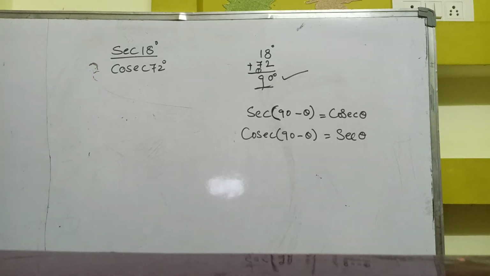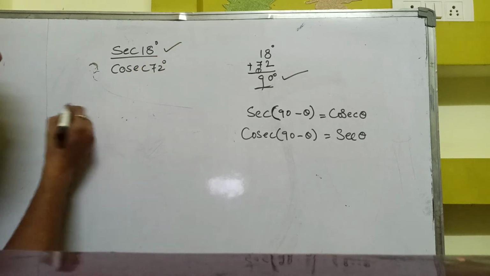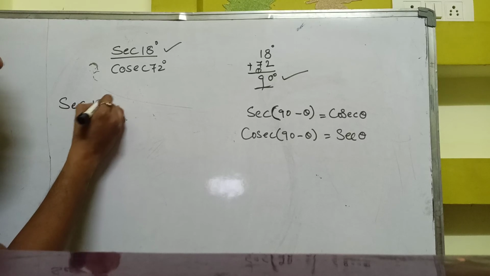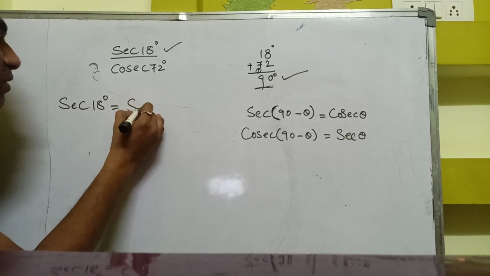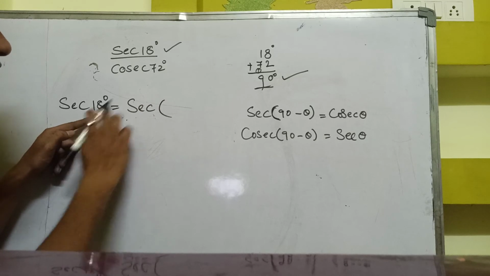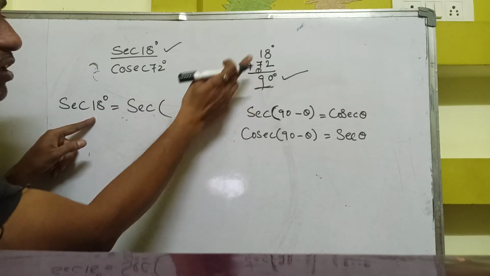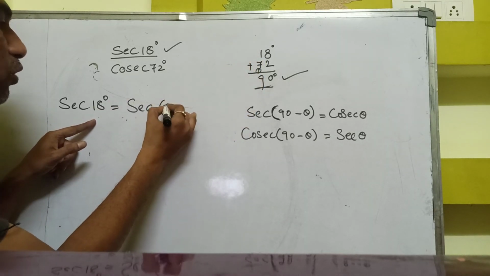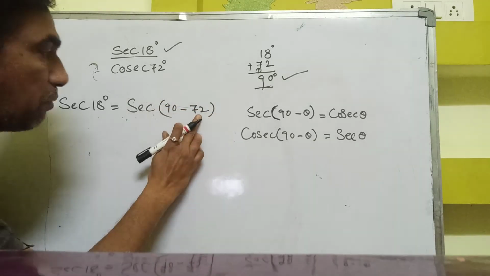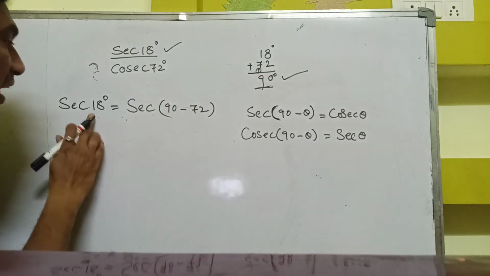Okay, what I'll do is take the numerator. See here, secant 18 degrees. Can I write it like this? 18 is complementary to 72, and 72 is complementary to 18. So what I am doing here is 90 minus 72. If I subtract 72 from 90, again I get 18.